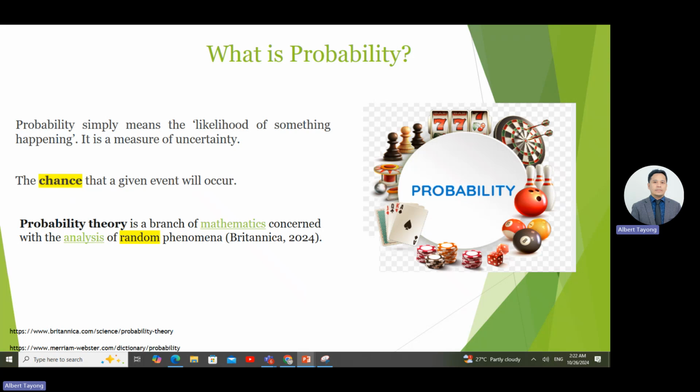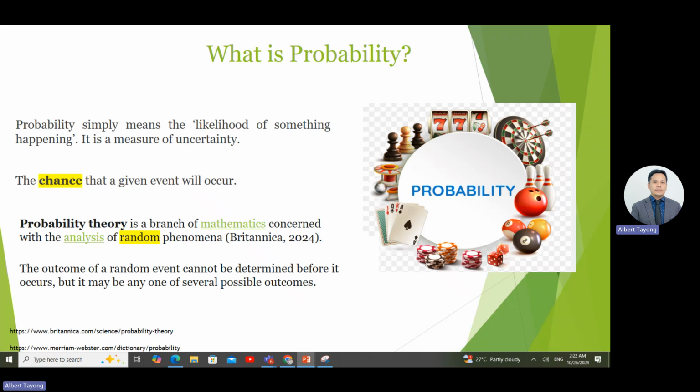When we say random, it means that all the elements have the equal chance of being selected. The outcome of a random event cannot be determined before it occurs, but it may be any one of several possible outcomes. That is why I mentioned that it is a measure of uncertainty, because the outcome cannot be determined before it happens.